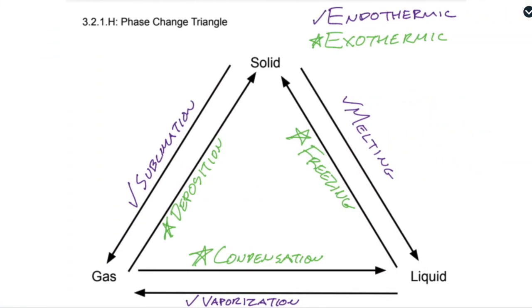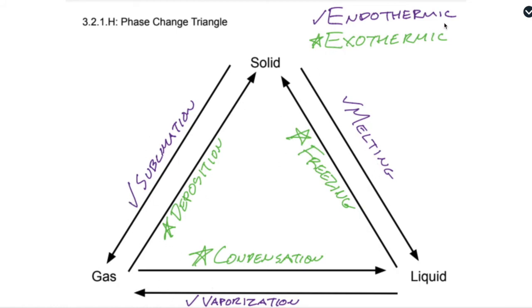All right. So now that we've discussed how endothermic and exothermic relate to our phase changes, let's turn back to our phase change triangle. And I hope that you used two different colors. If not, here's what I want you to do. Next to everything in green, you see that I wrote a star, and next to everything in purple, I wrote a check mark.